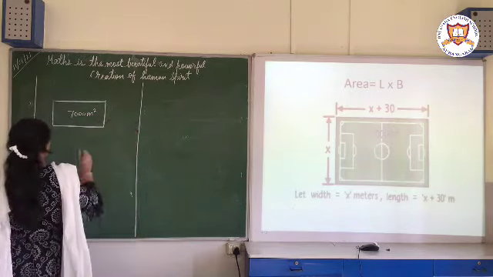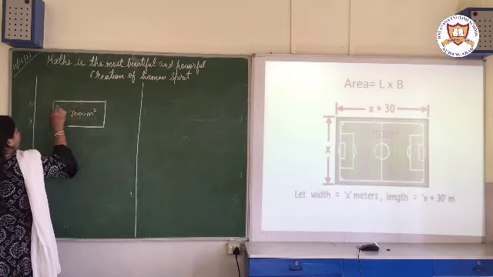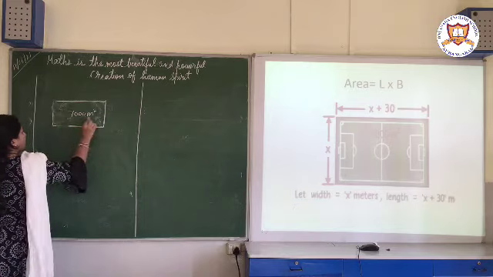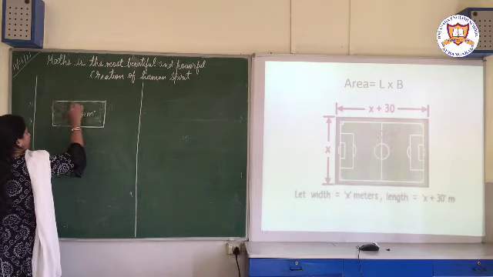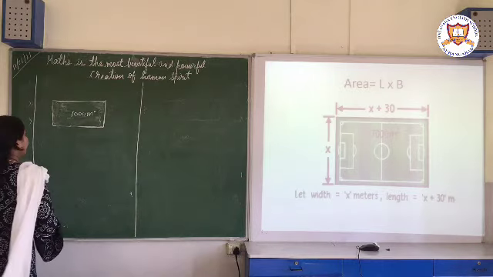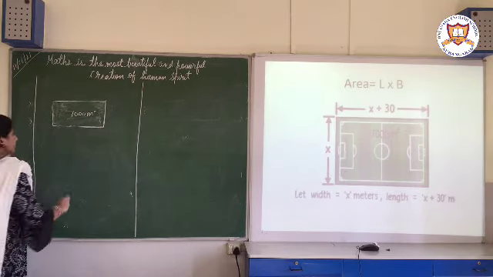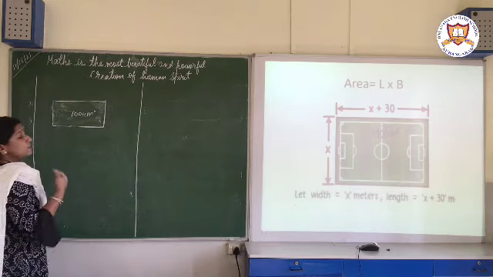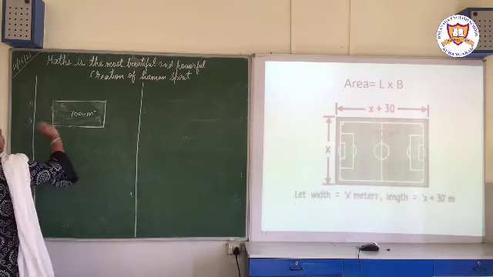Length, breadth, area you have already studied in your previous classes. So this area is 7000 meter square. Now, they have said that the length is 30 more than its breadth.